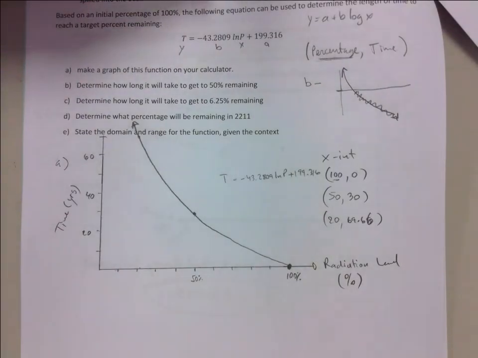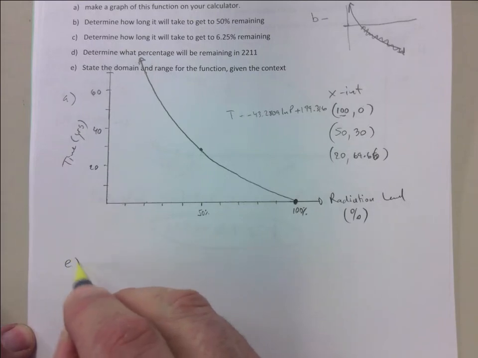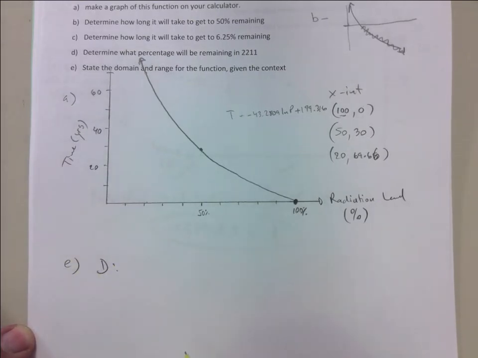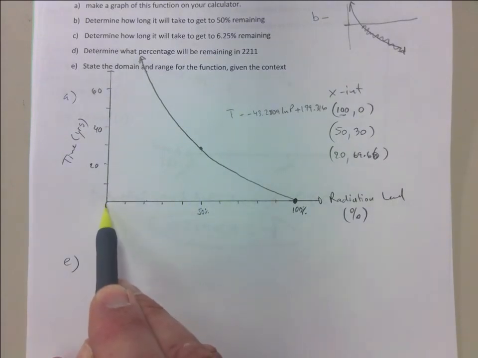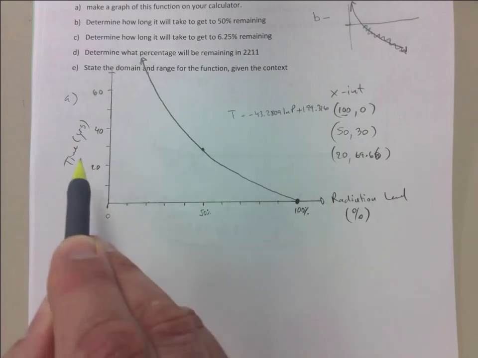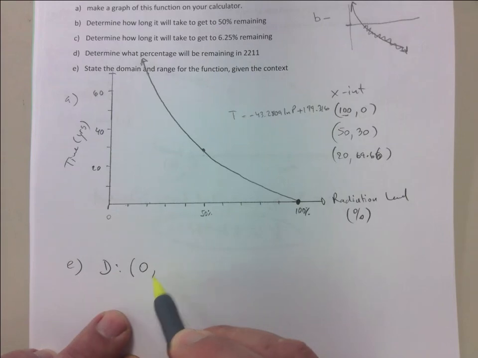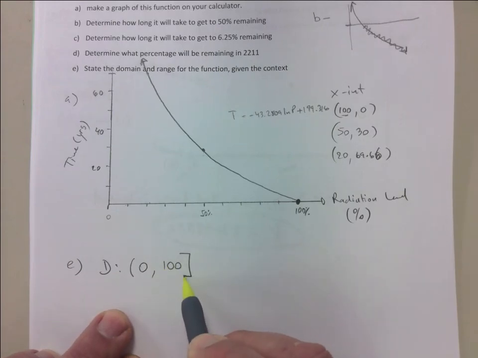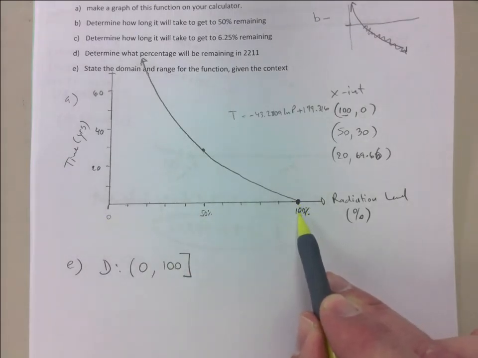Let's do the domain and range, might as well. What would be my domain for this situation? It gets closer and closer to 0, but it never actually reaches 0, correct? So my domain is going to be 0 not inclusive to 100 inclusive, because we can get to 100% on the x.